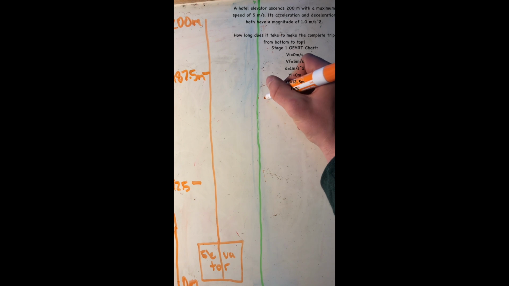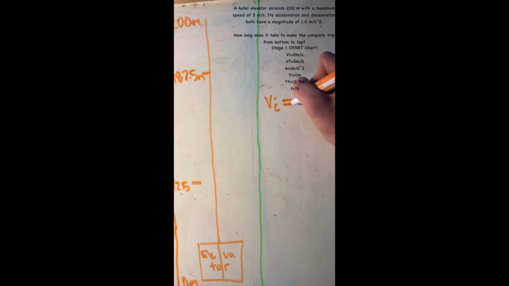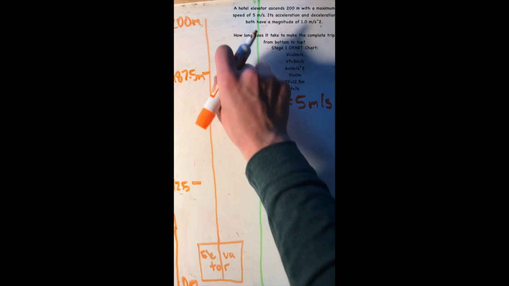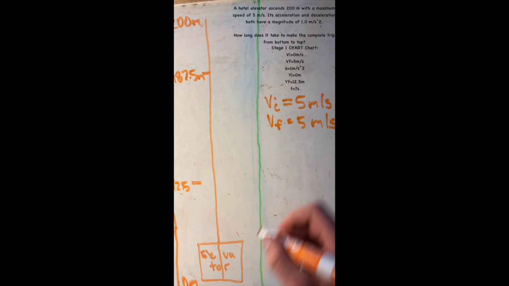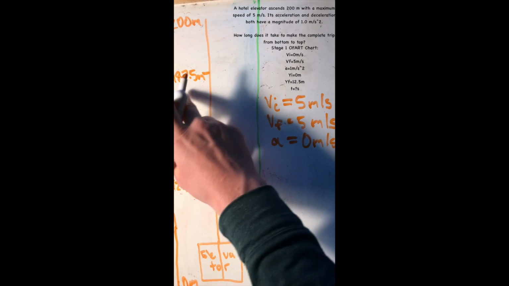So our initial velocity will be 5 meters per second, right? Because it's going at a constant speed of 5 meters per second all throughout here. So that means that our final velocity will also be 5 meters per second. Next, our acceleration is going to be 0 meters per second squared because it's not speeding up or slowing down.